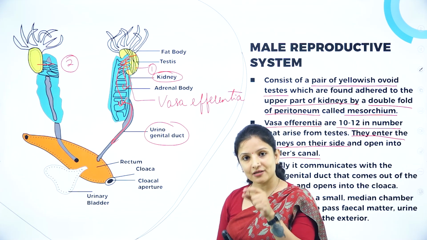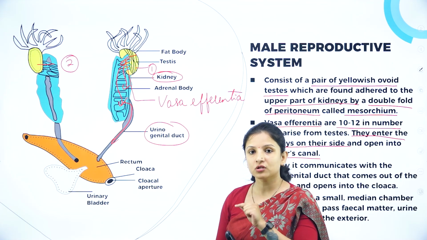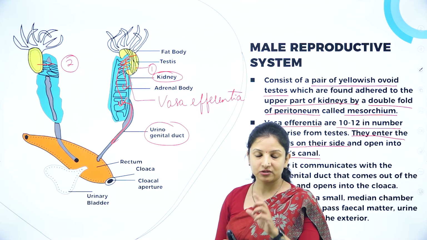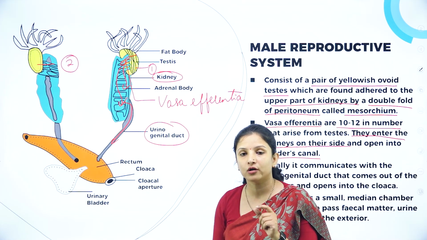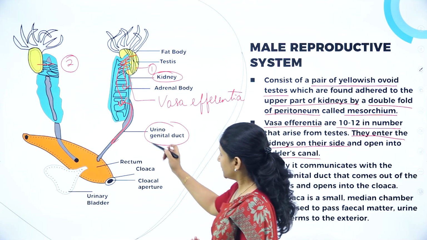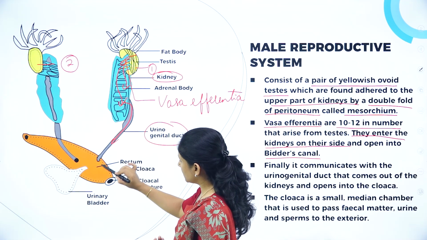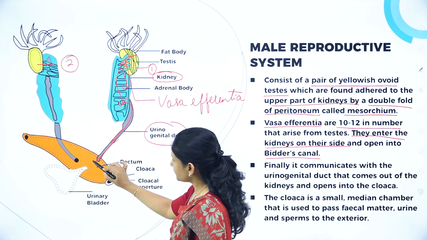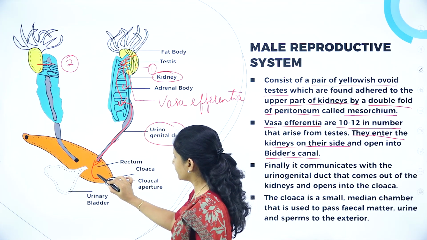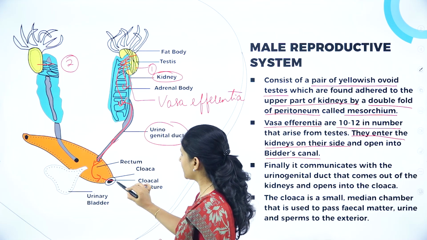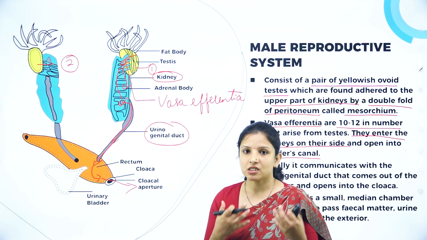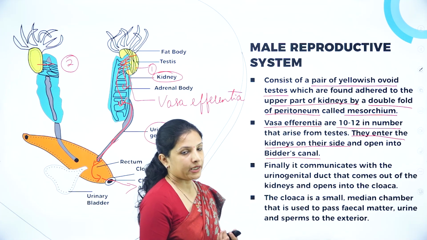It is the ureter itself which performs both the function of carrying the urine as well as carrying the sperms. That is why the ureter is also called the urinogenital duct in the case of frogs. So the sperm travels through the urinogenital duct. It will reach the rectum. From the rectum, it will enter into the cloaca, and from the cloaca through the cloacal aperture. So this is how the sperm is ejected out of the male frog.